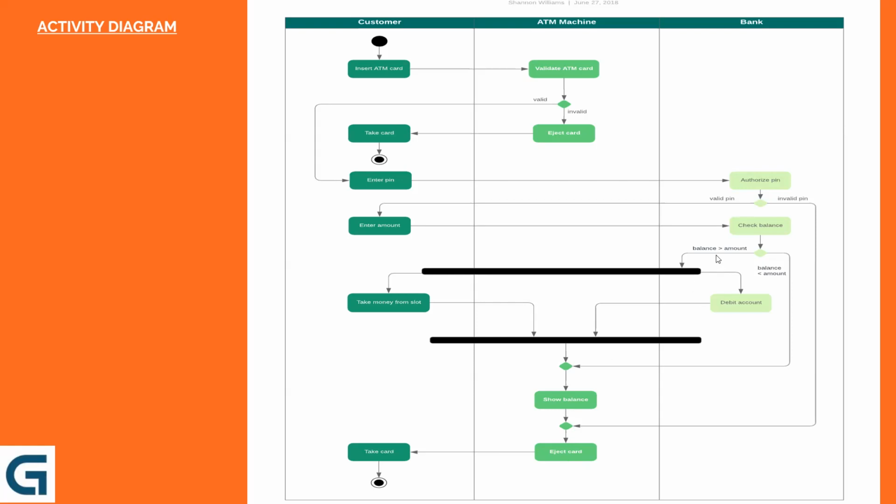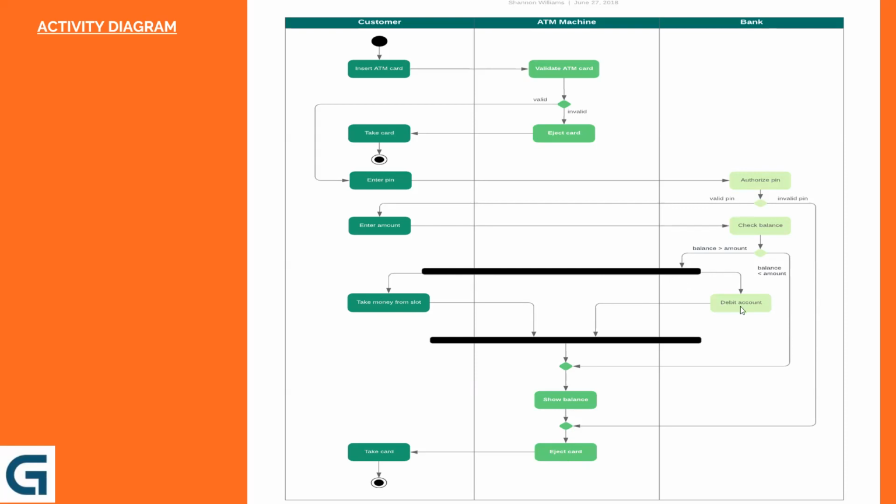What if the balance is greater? Okay, if the balance is greater, then you need to come back and take the money from the slot. Okay, and when you're taking it here, the money is dispensed. You are collecting your money. At the same time, the debit process happens from your bank account.